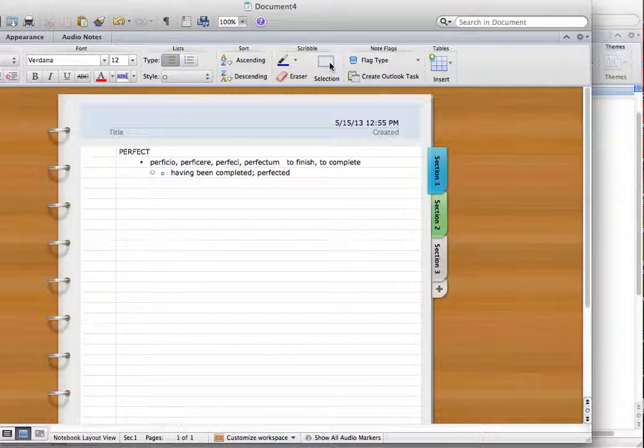So when we say that something is perfect, what we mean is to say that it is or has been completed. So when we are working in the perfect system, we are looking at verb tenses that all talk about completed actions.